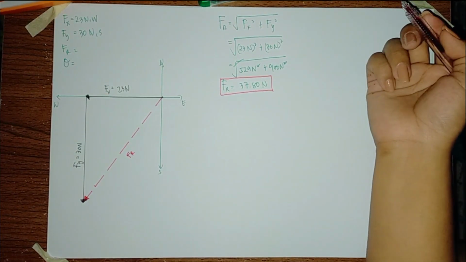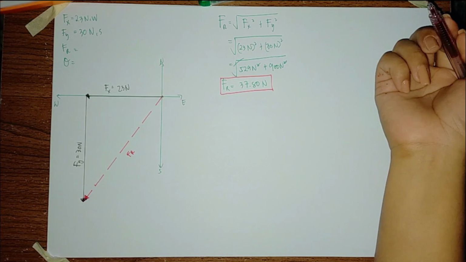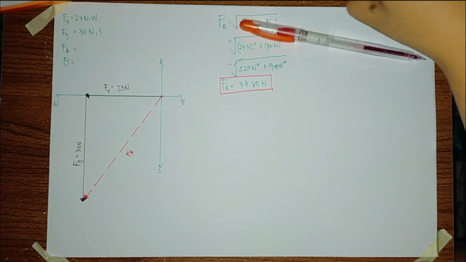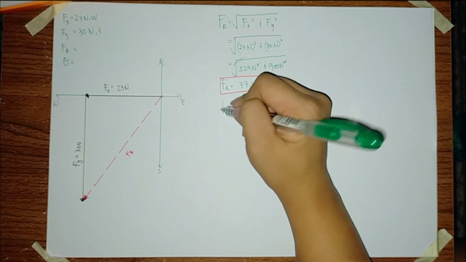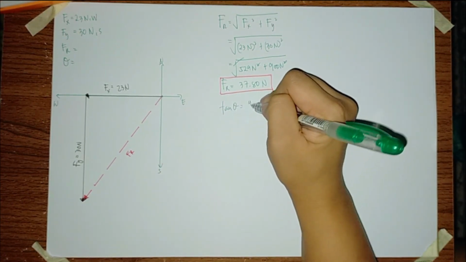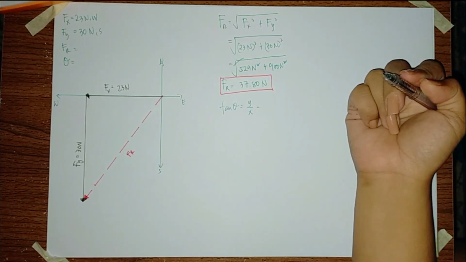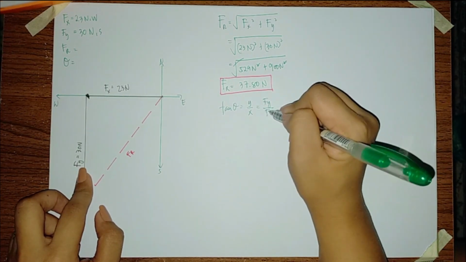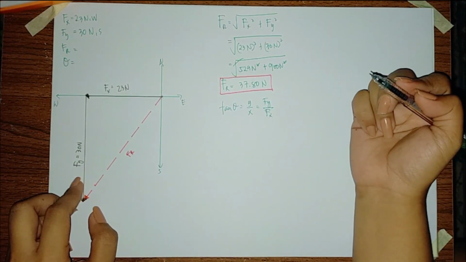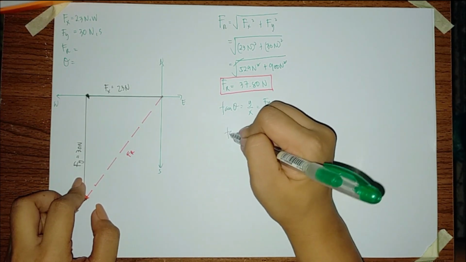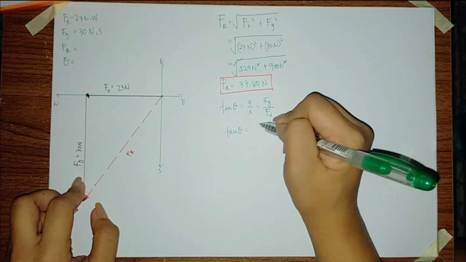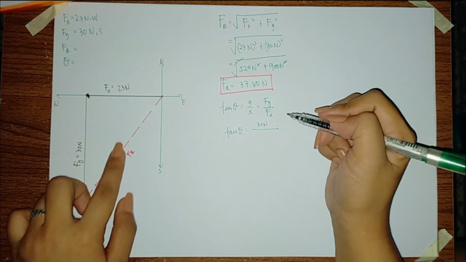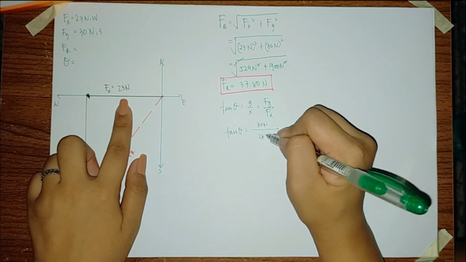Okay, so there. Now, let us solve for the angle. To solve the angle, let us use our tangent function. Tangent theta is y over x. What is our y? So, obviously, it is the F sub y over the F sub x. Okay, substitute the values. Tangent theta is equal to F sub y, which is 30 newtons, and F sub x is 23 newtons.